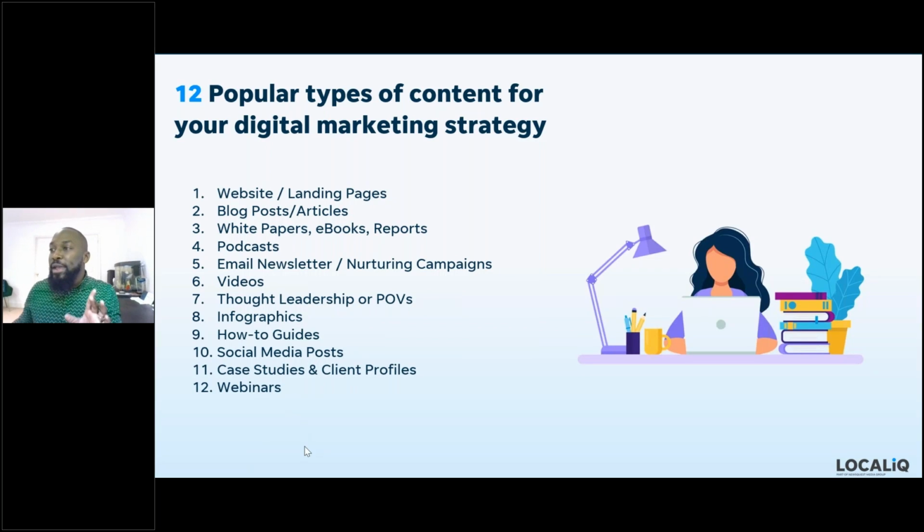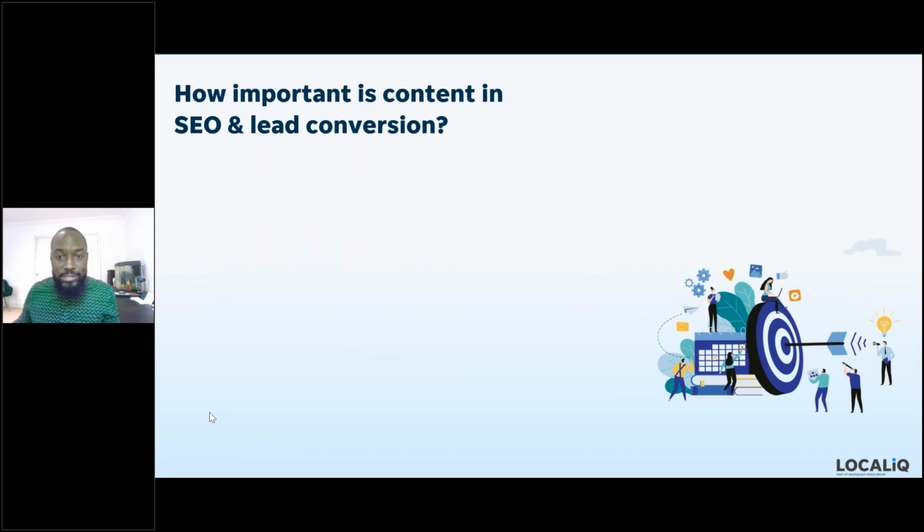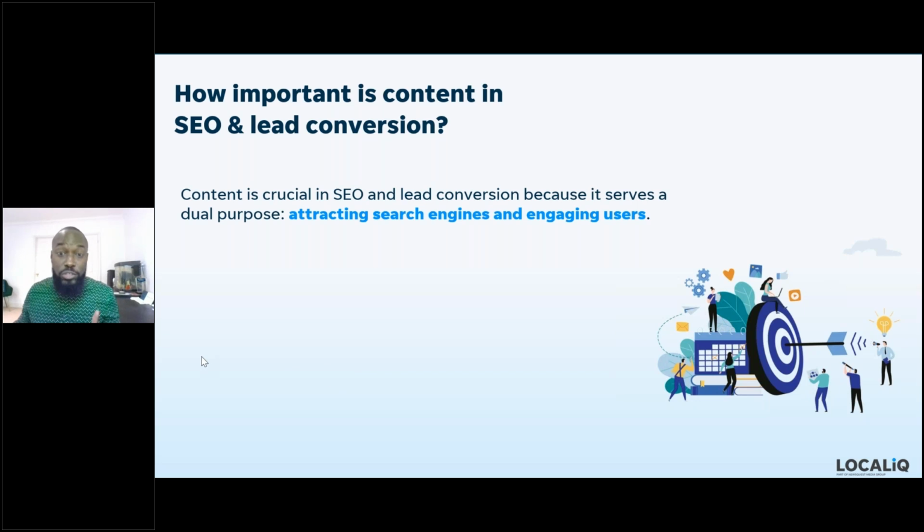And when it comes to SEO and lead conversion, content typically has 2 purposes: number 1, to attract search engines, and number 2, to engage users. While SEO helps your website get found, it's the quality of the content that really connects with people and makes your website trustworthy.